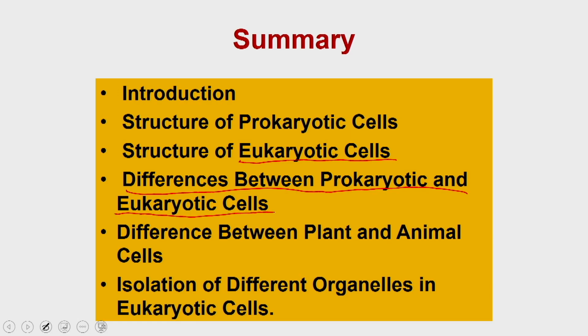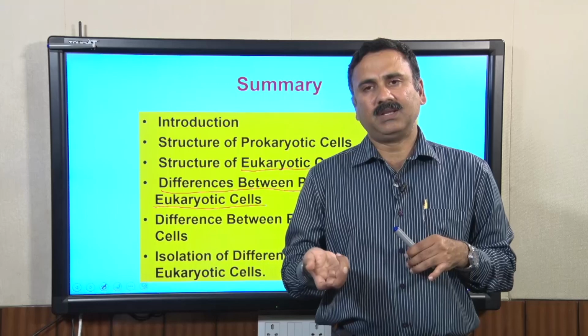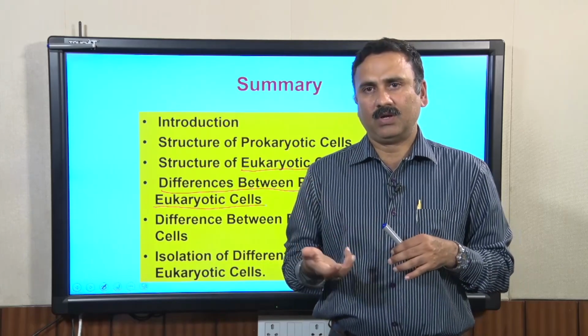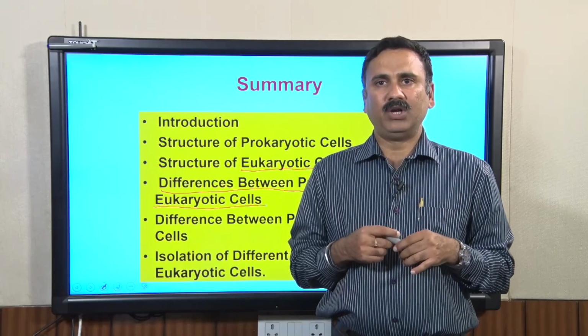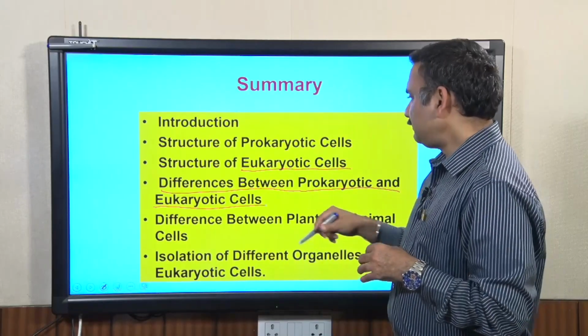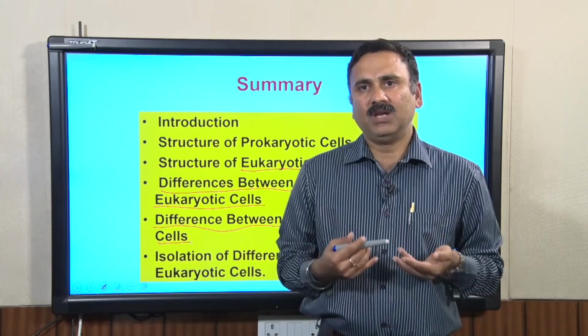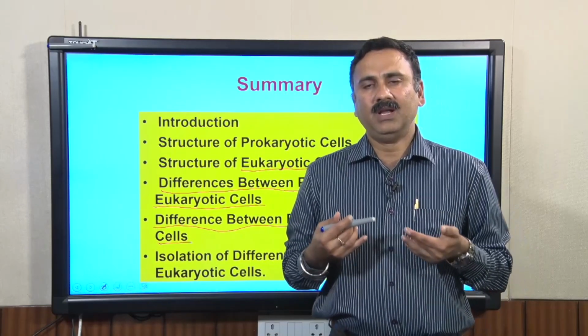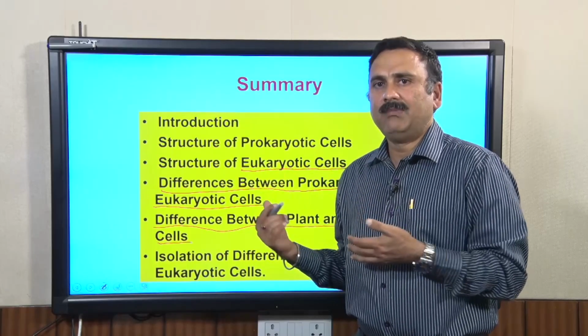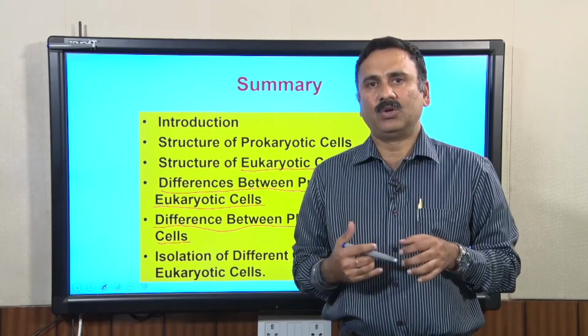These differences are important because once you know them, you can exploit the prokaryotic cell or the eukaryotic cell for downstream applications in biotechnology, depending on the application. We also discussed the difference between the plant cell and the animal cell, which helps you know the technological limitations and technical challenges you will face when you use the plant cell or the animal cell as a host for any type of biotechnology application.